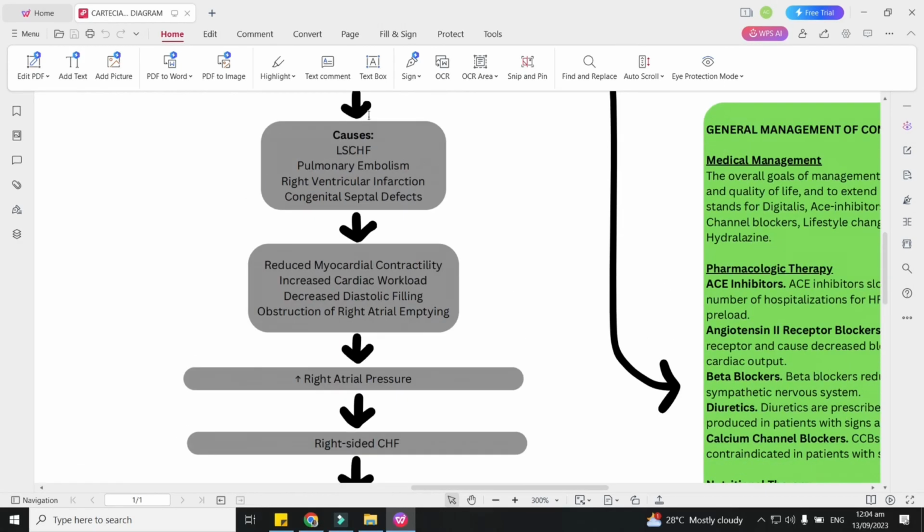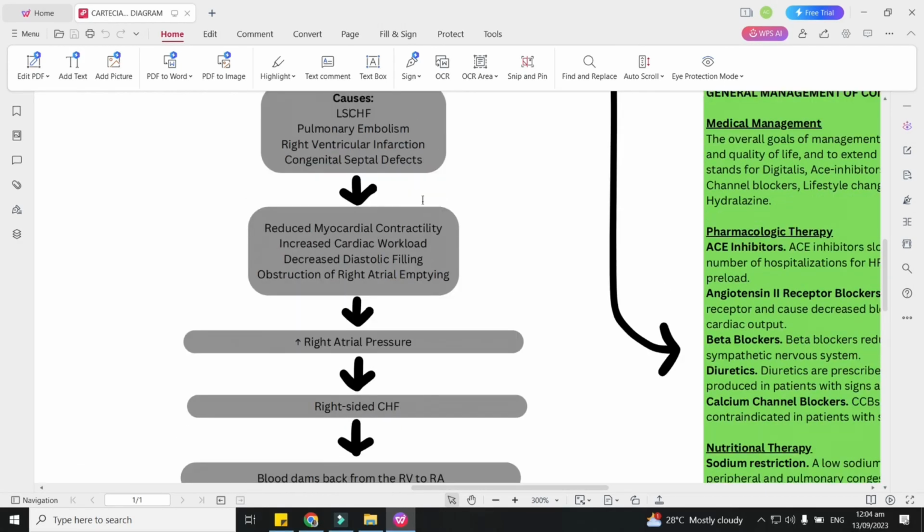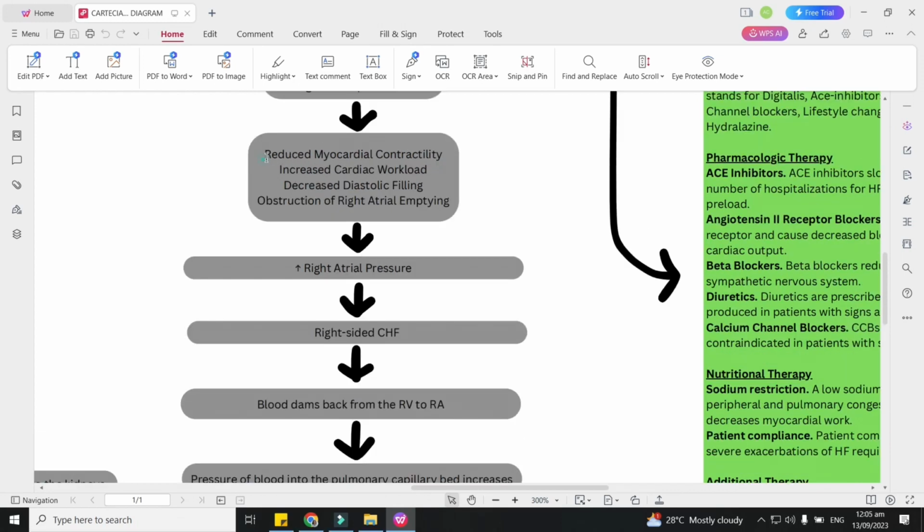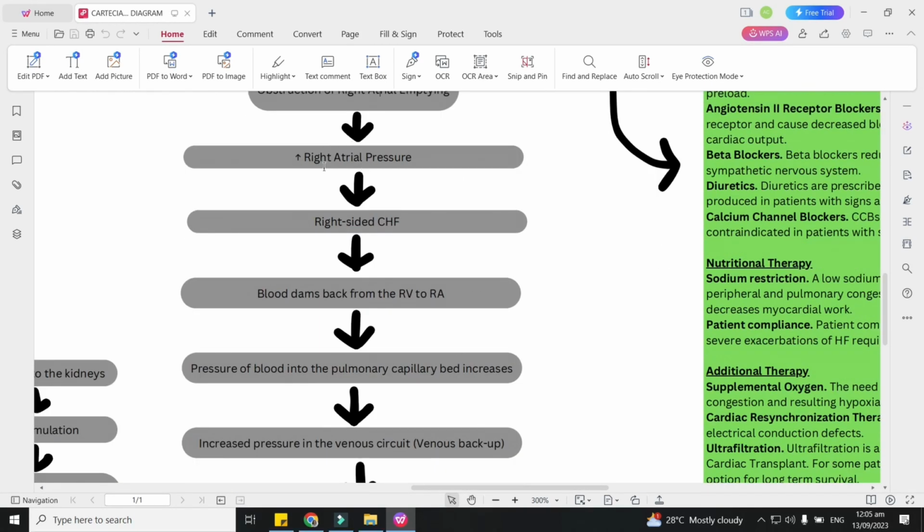So when these causes happen, our heart may have reduced contractility, increased cardiac workload, decreased diastolic filling, and right atrial emptying. So when it happens, of course, right atrial pressure increases.